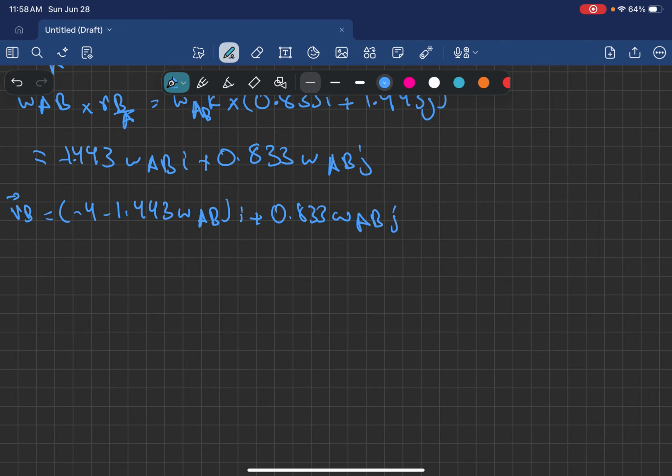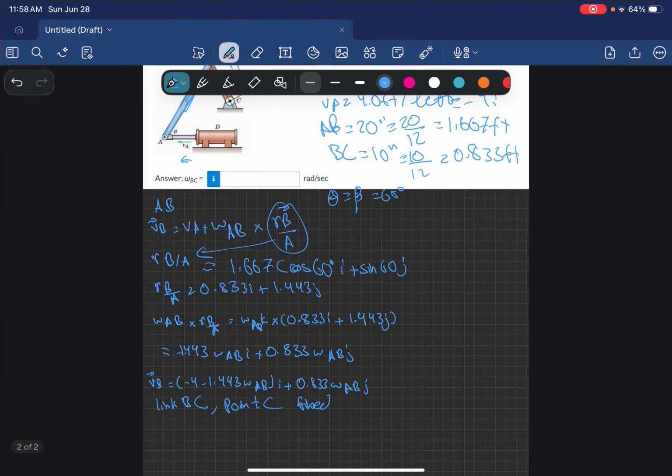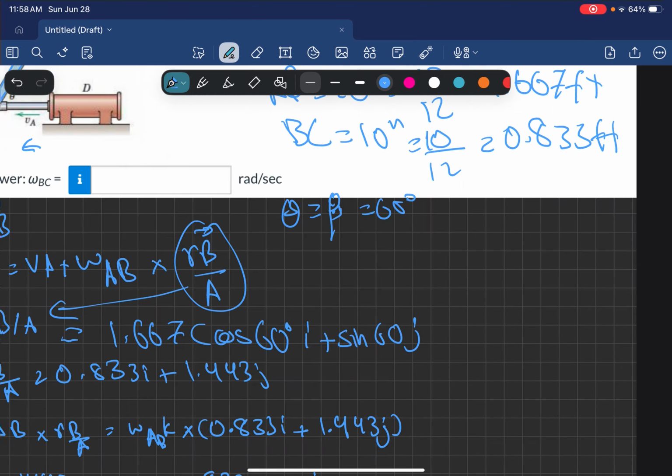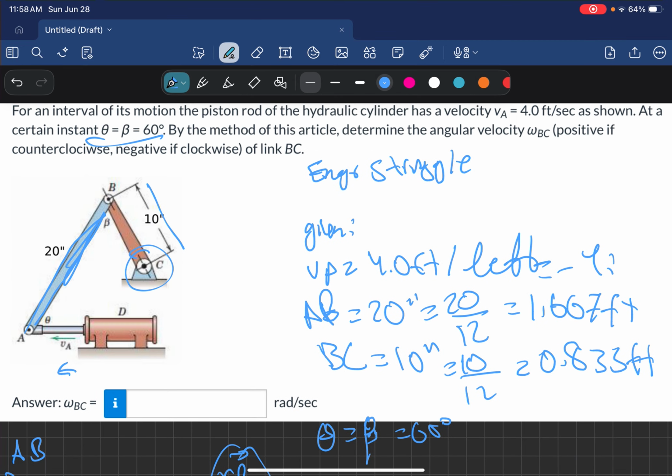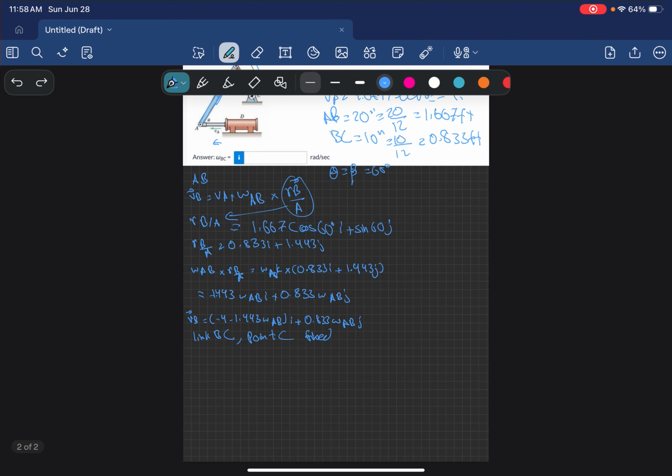And yeah, but we also need to find for the link BC and point C, which is fixed. So point C is basically this one. It's a fixed support, can't be moved, it's static.